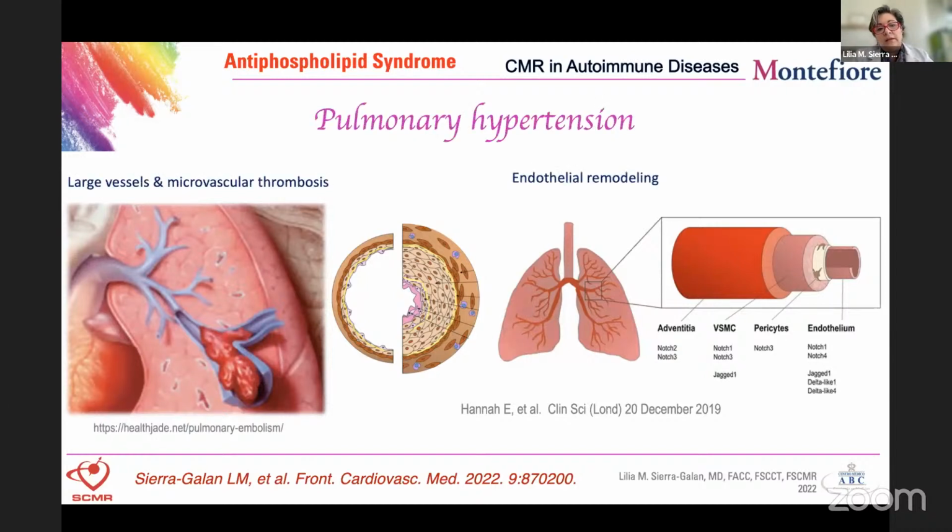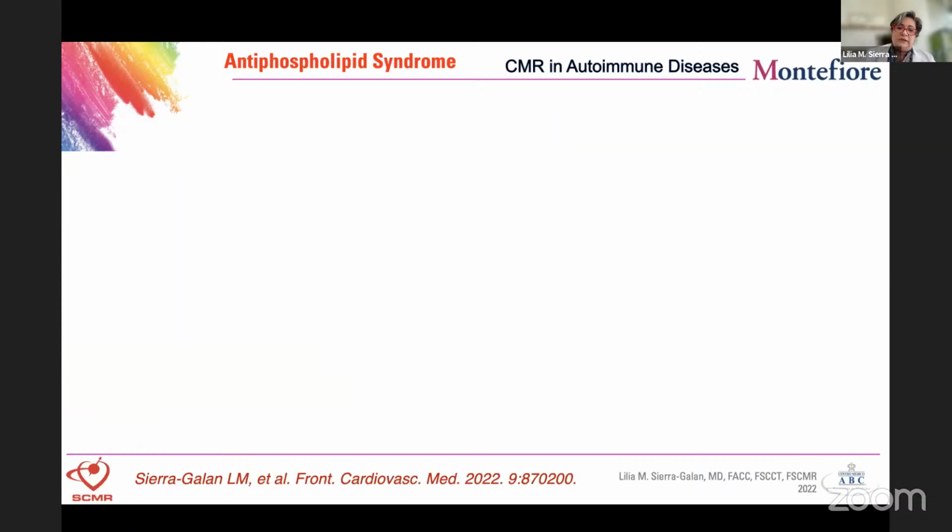The next one is thrombus in other sites. The problem with antiphospholipid syndrome is the presence of thrombosis almost everywhere. It could be venous or arterial. In the lungs, it affects the large vessels, and it could produce microvascular thrombosis. And with this chronic process, the presence of these antibodies, and the inflammatory process all the time, there is endothelial remodeling.